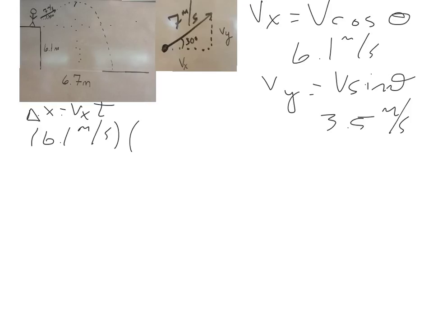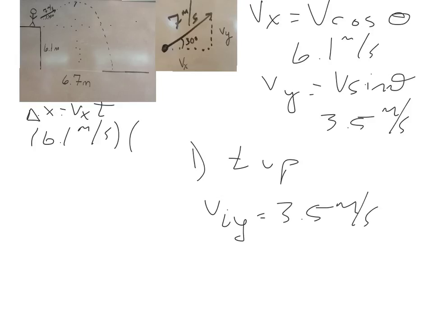The first thing I need to solve for is the time up. Part 1 is time up. I have some initial velocity in the y direction, which equals 3.5 meters per second. My final velocity when I reach the top in the y direction is going to be 0 meters per second.